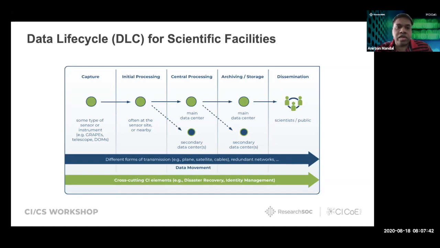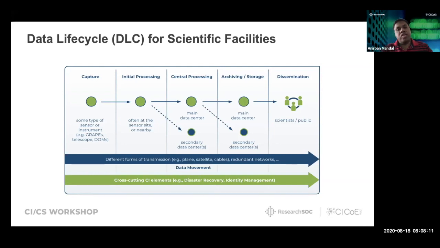Then in most general cases, data is moved by various means, through network circuits, through normal internet, through satellite, boats, a whole lot of mechanisms, to what we call the central processing step, where you do the bulk of processing in one or more data centers or compute processing places, right?